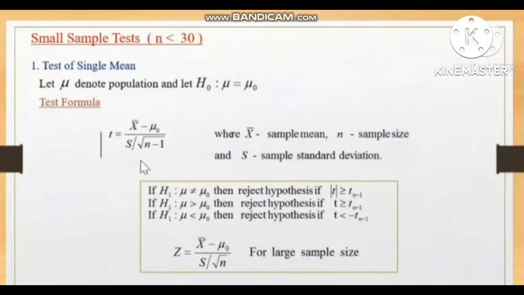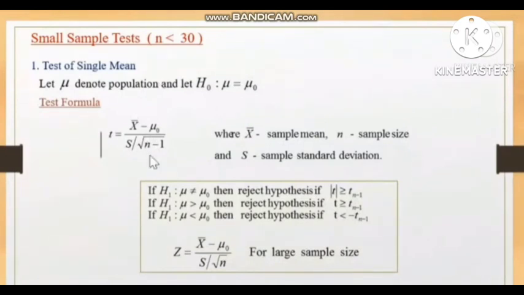You see that this test formula is not denoted by Z. It is denoted by T. So this is the first difference: for a large sample, we denote it by Z, it is a Z test, but for a small sample, that is when the sample size is less than 30, it is denoted by T.